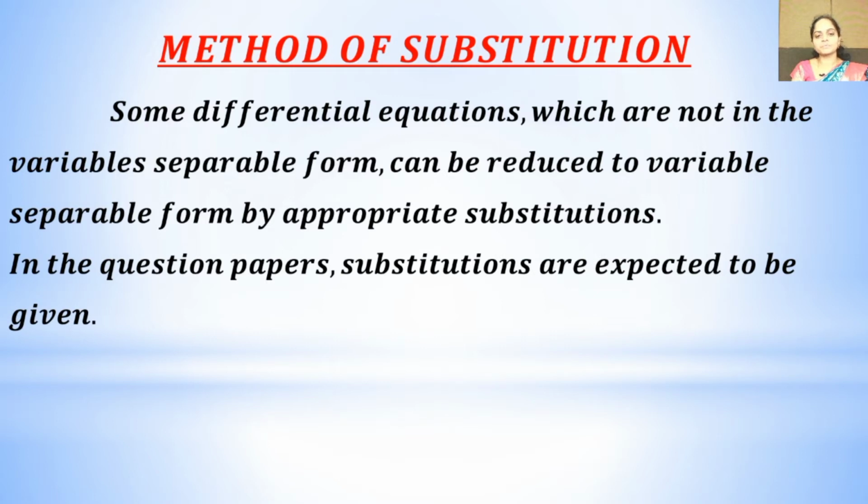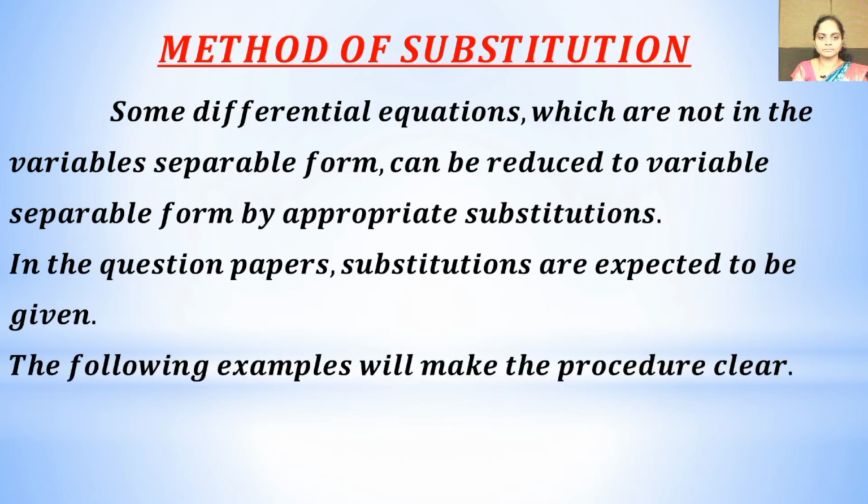In the question papers, substitutions are expected to be given, that is, in the board exam they give us the substitutions for the example, but in the CET they do not give us the substitution for the examples. The following examples will make the procedure clear.